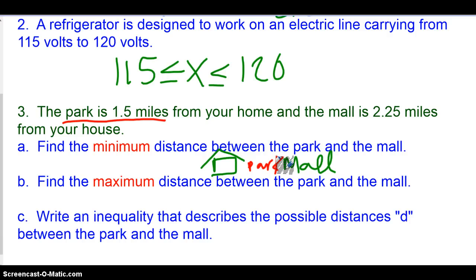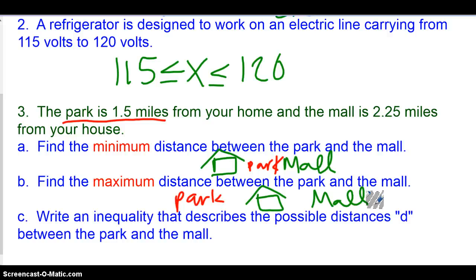But that's probably not where you thought of it. Where did you probably think? You probably thought of the park as over here with your house in the middle and the mall over here. That's what I would automatically think. But do you see how if the park comes first and then the mall, there's a different length between the park and the mall, compared to if you are between the two.